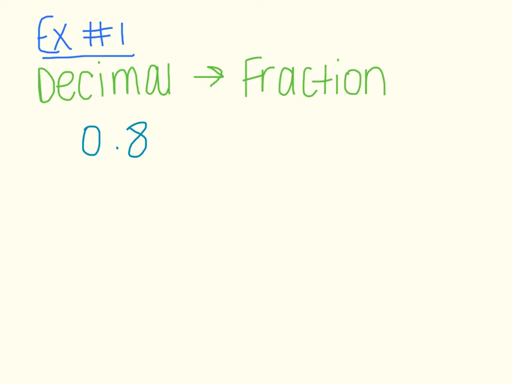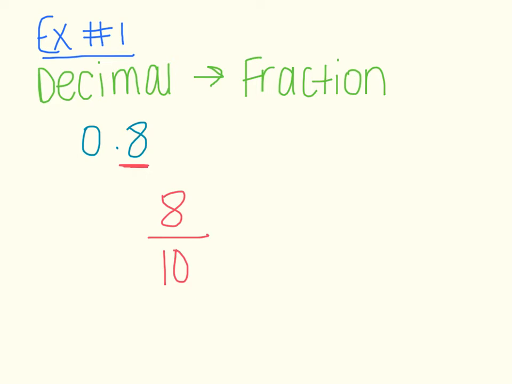All right, example number 1. We're going from a decimal to a fraction. Now I want you to think back to lesson 6-2 because this is basically the same thing. We look at the last digit to the right, which is the 8. 8 is in the tenths place, so we put 8 over 10.